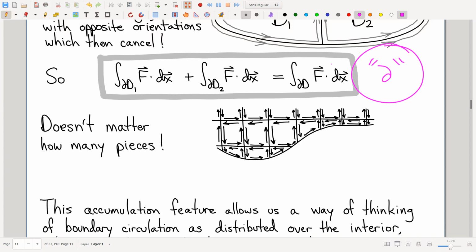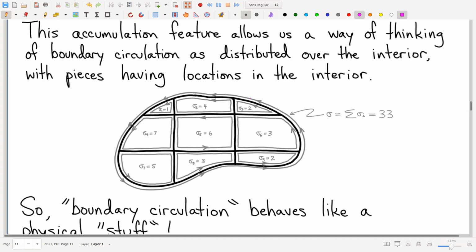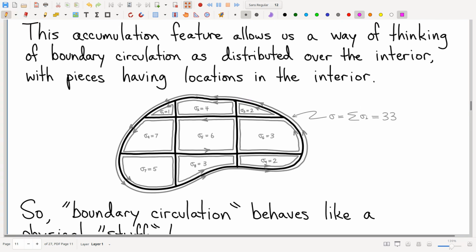Cool. Okay. So boundary circulation is an accumulating quantity. Now, I'm going to try to make a case here that this allows for thinking of boundary circulation in a certain way. I find this to be really helpful. I feel like there is a red herring, a sort of wrong way of thinking about things that we are naturally drawn toward, and that is, let's talk about boundary circulation and where is boundary circulation, and very naturally we tend to think of it where it's computed, namely on the boundary.